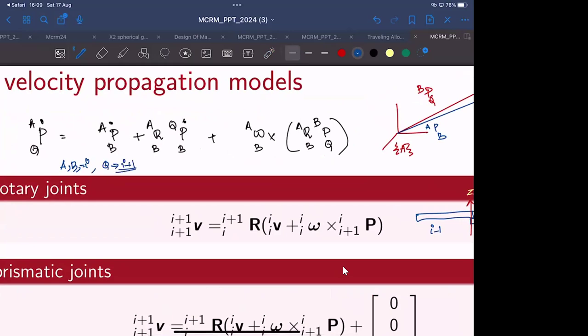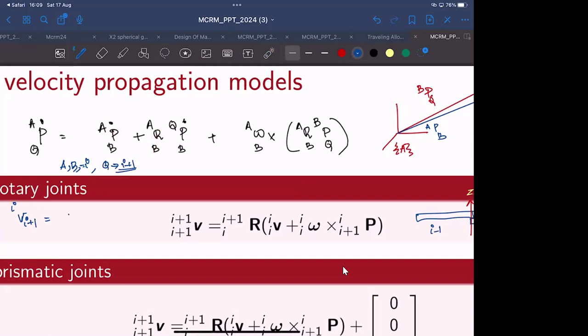how will you get the velocity of Q, that is I plus 1, with respect to I? Since we are considering A and B to be coincident, this velocity would be 0, and this rotation matrix would be the identity matrix, because B and A are considered to be the same index.